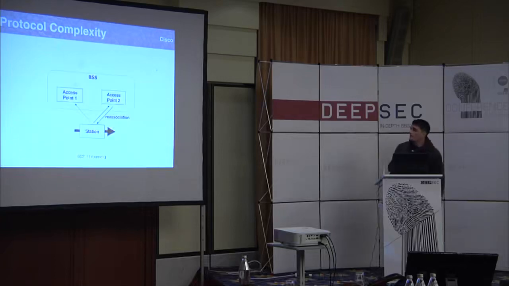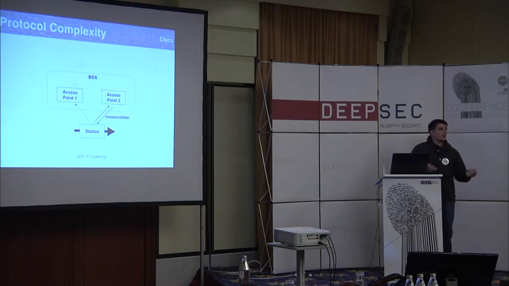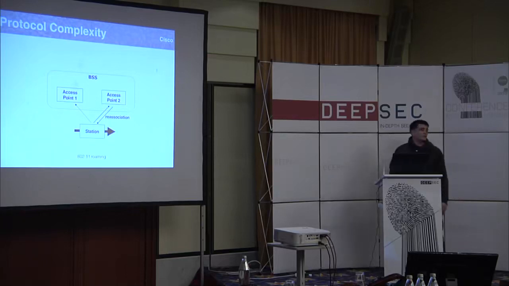So let's understand first what reassociation responses are and how they are used. So let's suppose you are moving around with your station. Let's say a station is your phone, and you're moving around a place with a lot of access points. Well, your phone, every time you're moving towards an access point that has a stronger signal, is going to reassociate to that access point.